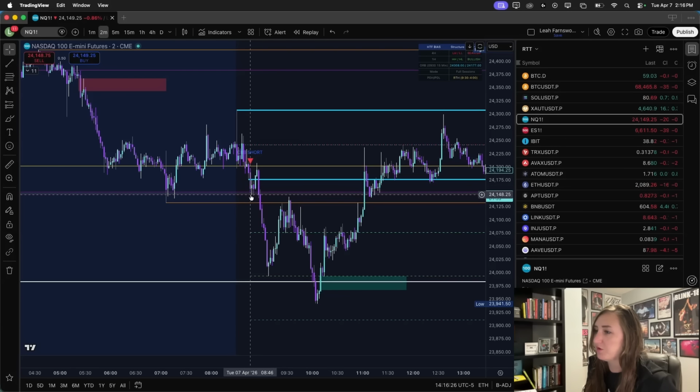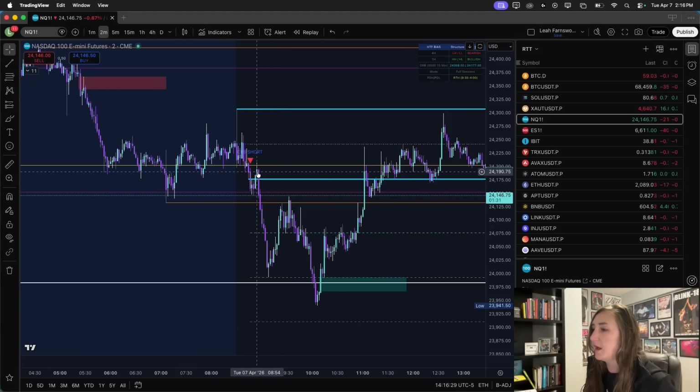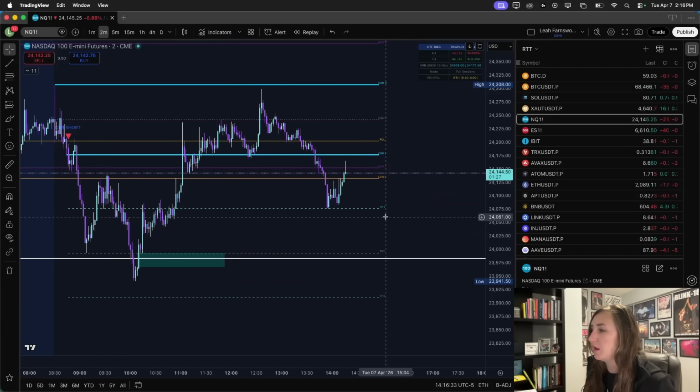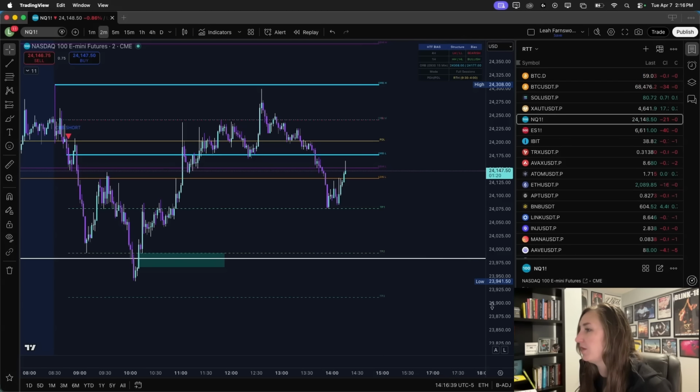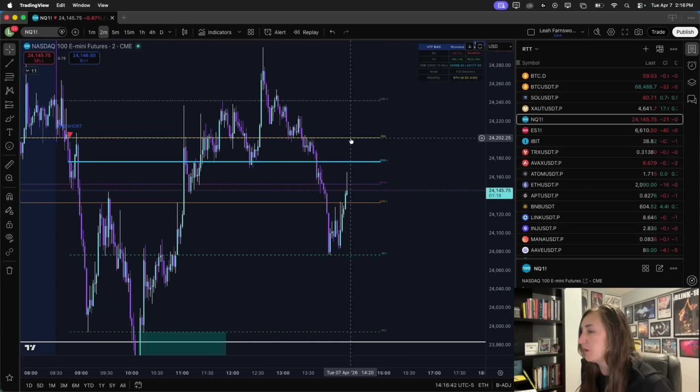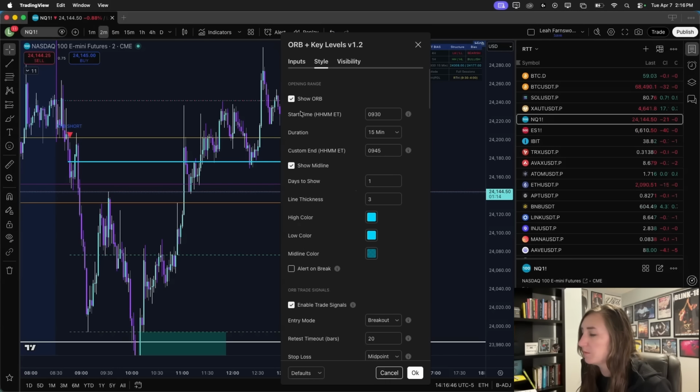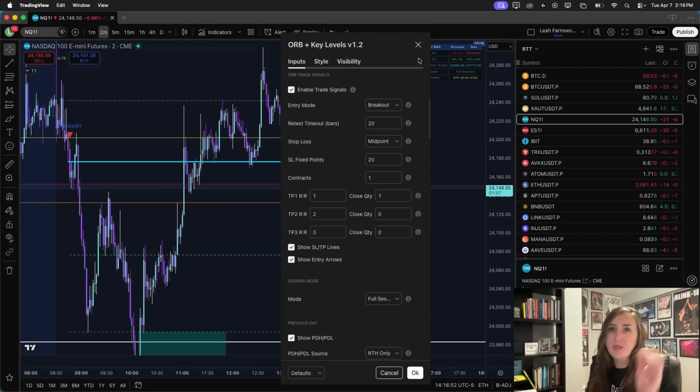This was the short we took. Here was the ORB, the blue line, the blue retest, and these green lines are your take profit areas. So you could have TP1, TP2, TP3, depending on your trading style. What's really nifty comes with the key levels as well, like previous day low, Asia low. I'm sure you can set it up in here however you want. So that is the secret little TradingView indicator I have for the ORB strategy.